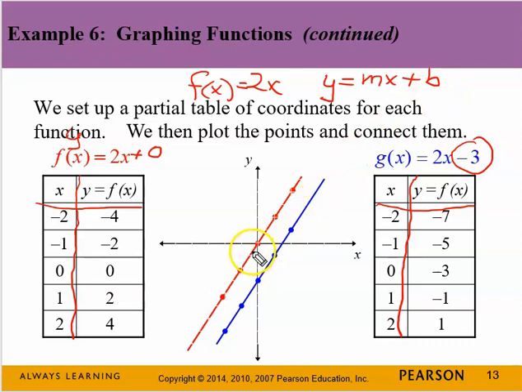So notice there is 1, 2, 3. There's our y-intercept. Here where it's 0, our y-intercept is 0. Oh, works out very well. Now this is actually the slope, and we'll be dealing with slope a little more in our lessons later, and showing you that these lines are actually parallel. They have the same slopes, but different y-intercepts, and this is our little proof of it.